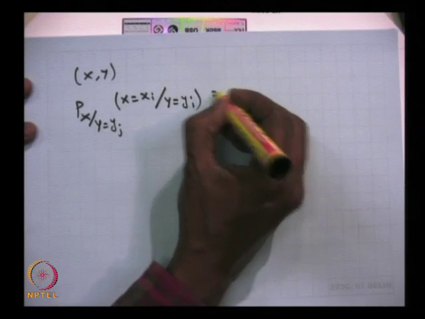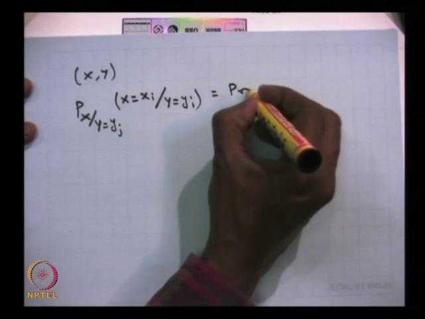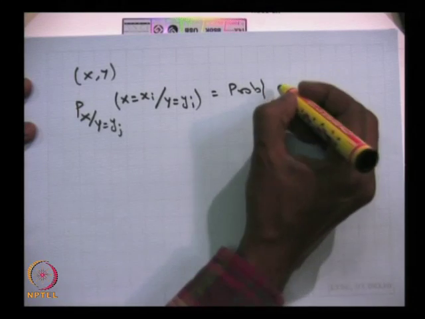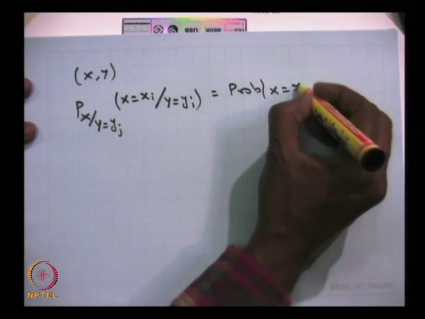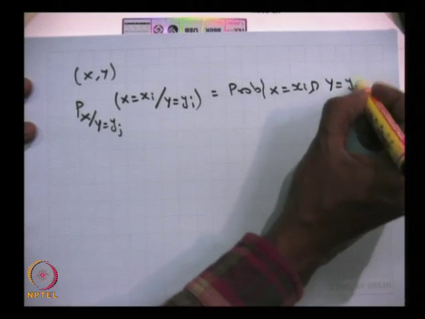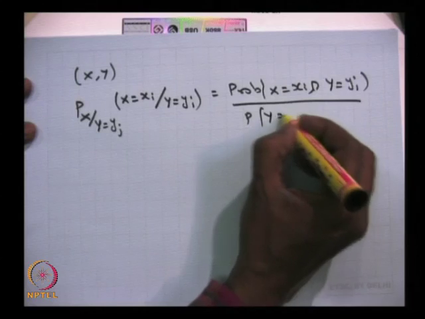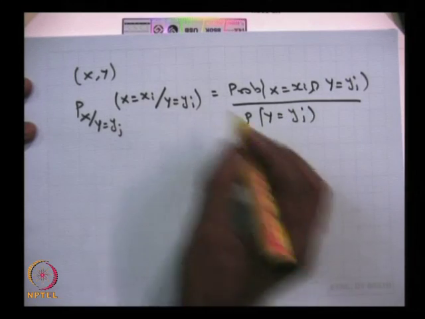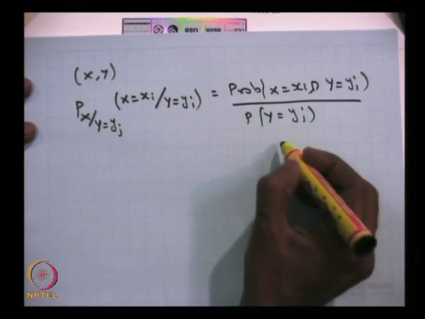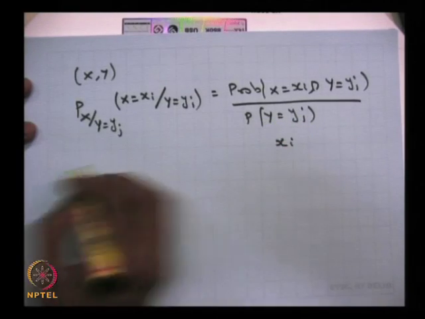I can compute it by finding the probability that x takes the value xi intersection with y takes the value yj, divided by the probability that y takes the value yj. Here the running index is for all xi's, and this is for fixed yj.